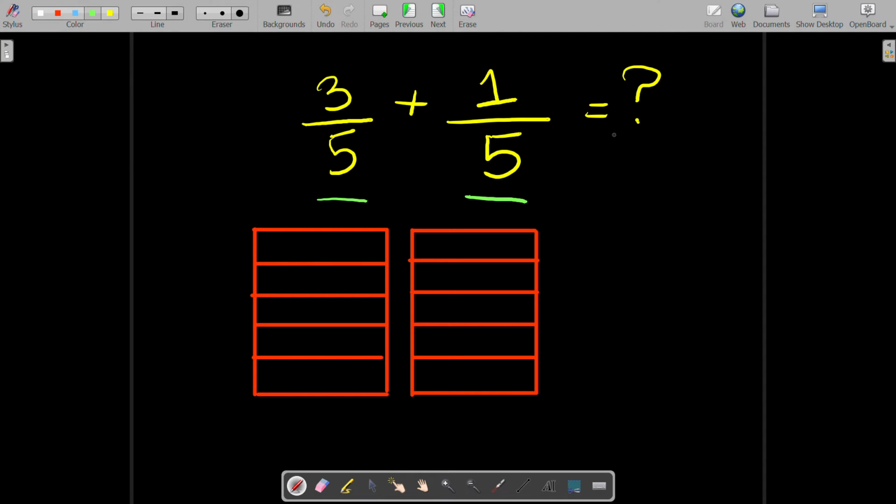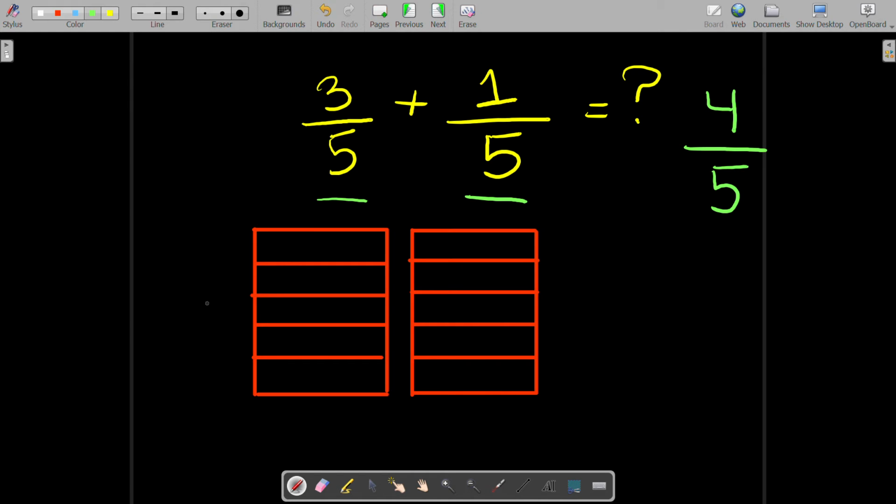If they were not the same, then we would have to include an extra step. Okay, step 2, add the numerators. So 3 plus 1 is 4. Step 3 is to keep the denominators. So that's just 5. And simplify if needed. As we can see here, 4/5 is in its simplest form.